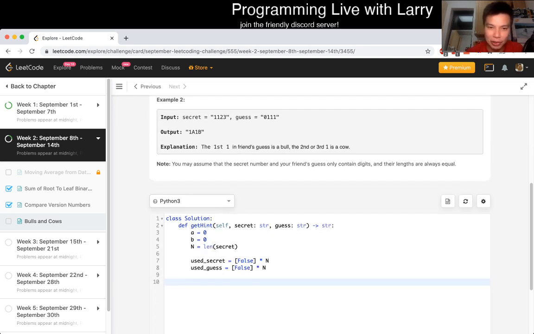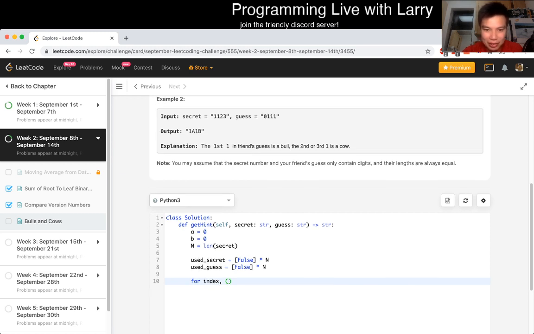But first, we match the A's, which is the same position, same place. So for index, answer, guess in zip of secret, guess, enumerate. So now we're just going through each of them one by one, and since the lengths are already equal, we don't have to check for it, ideally.